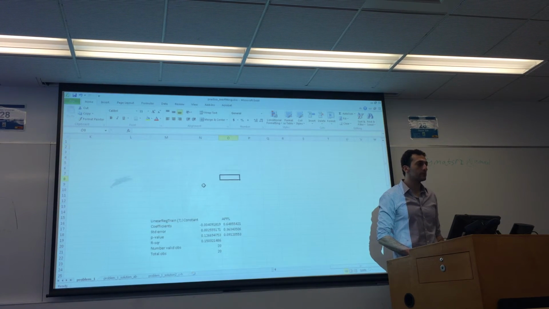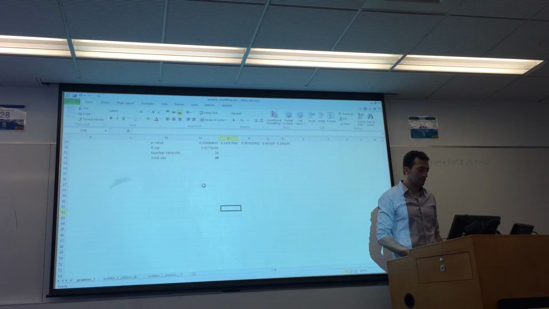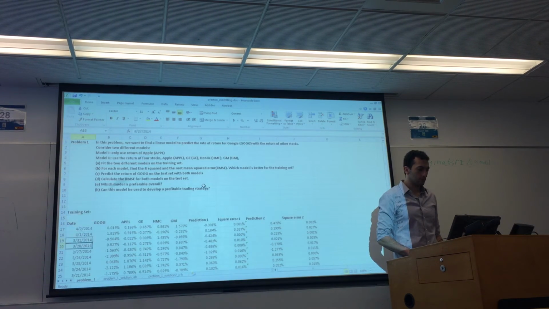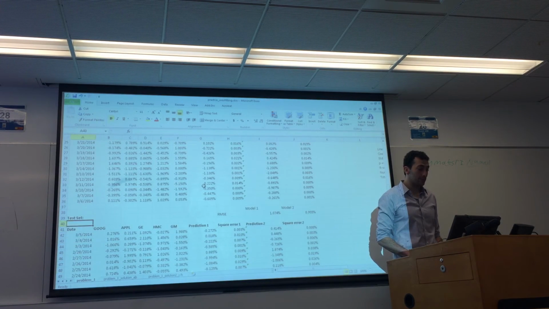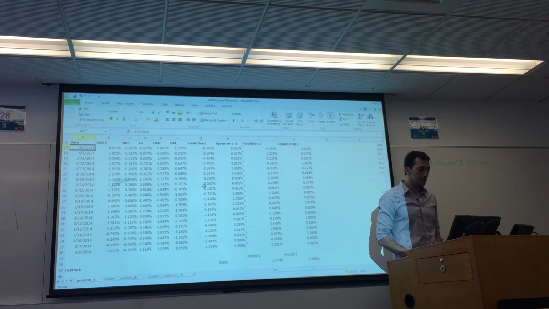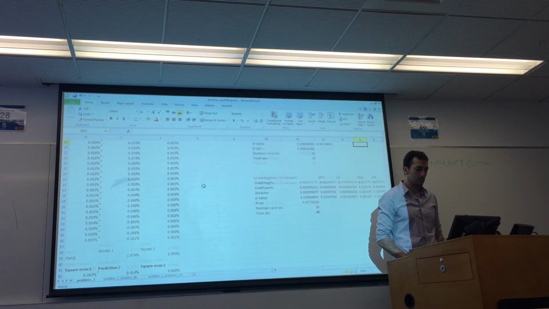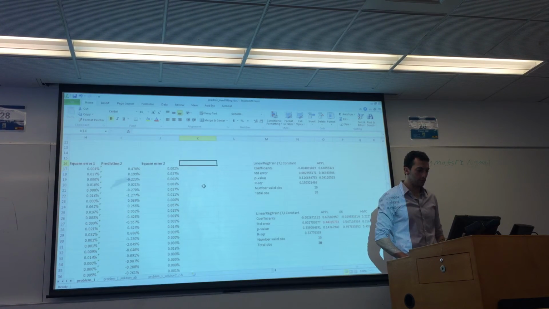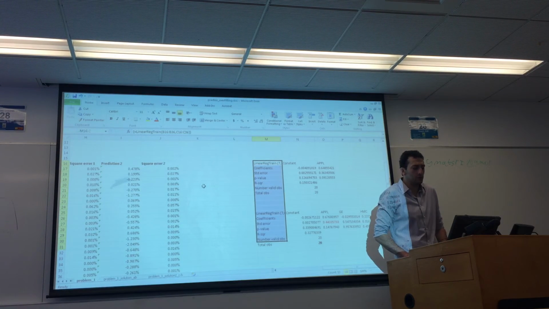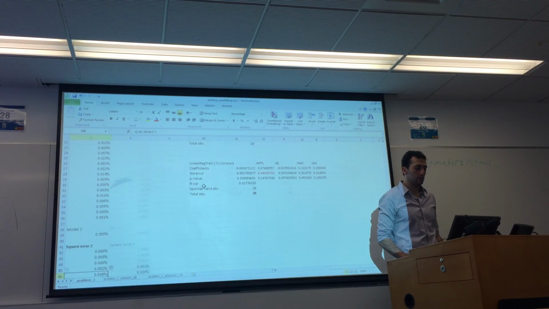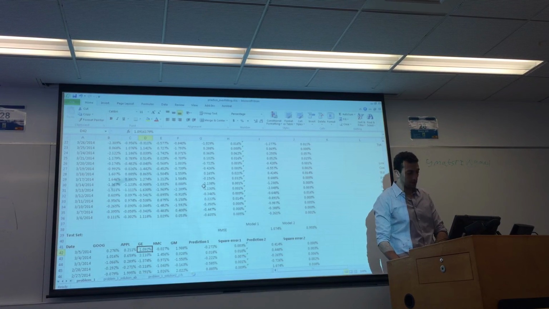Wait, just to clarify, if we were to redo the thing for the test set, we use the linear train data from the training set? No, for the test set I'm not using the linear train. I'm using only the predict. I already have the models. The models were created using linear train, using the training set. When we do the predictions for the test set, we use the coefficients from the training models.